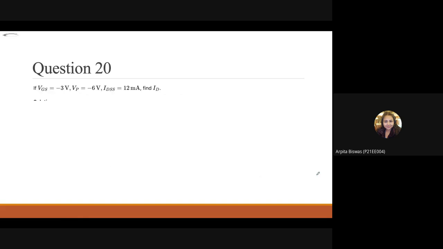Okay. So this is the question number 20. If VGS is given minus 3 volt, VP is given, IDSS is given, then find out the ID.